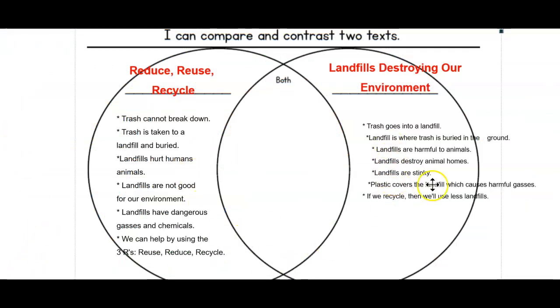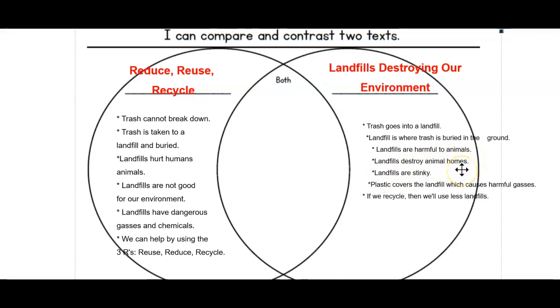This is what your Venn diagram should look like so far. Here, on the right side of the Venn diagram, under Landfills, Destroying Our Environment, we have: trash goes into a landfill. A landfill is where trash is buried in the ground. Landfills are harmful to animals.